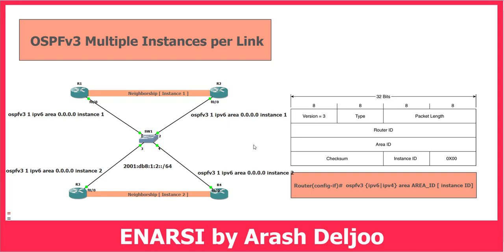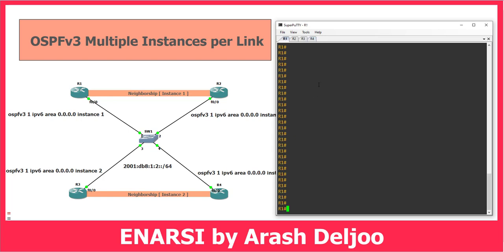This is useful when we are forced to connect all of the routers into one broadcast multi-access network, but we don't want to have neighborship between some routers. Let me show you. It is so simple, and you know that this is beyond the scope of this class. We are only informing you about this for more knowledge.